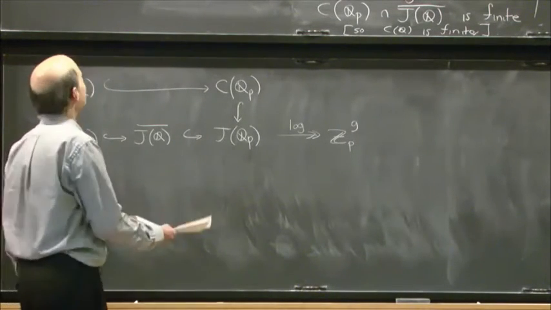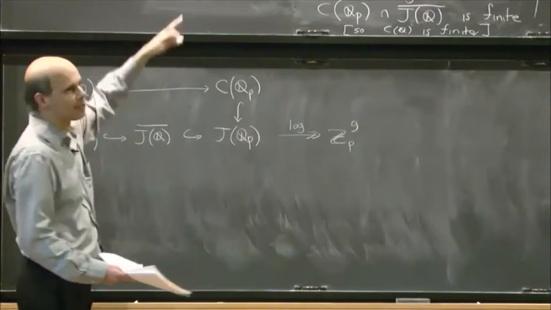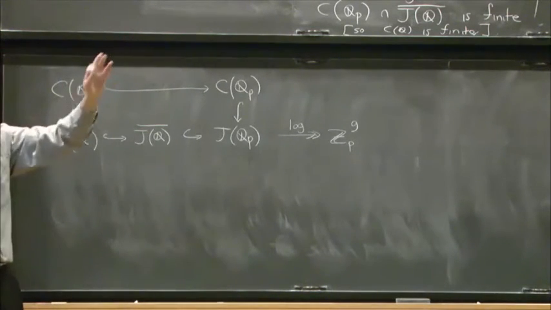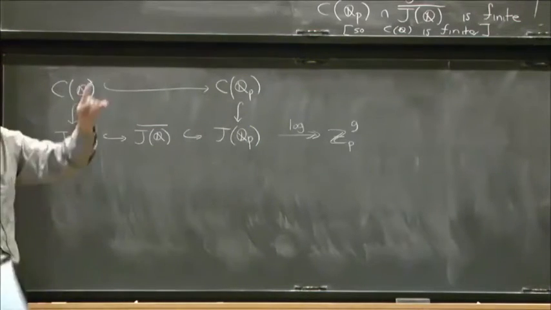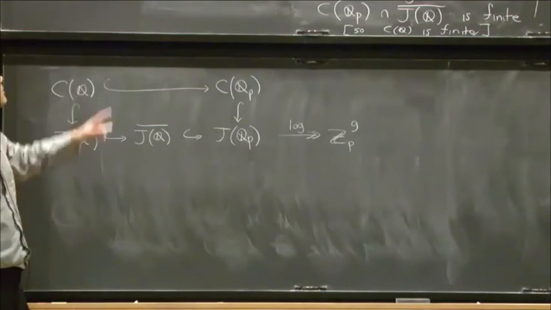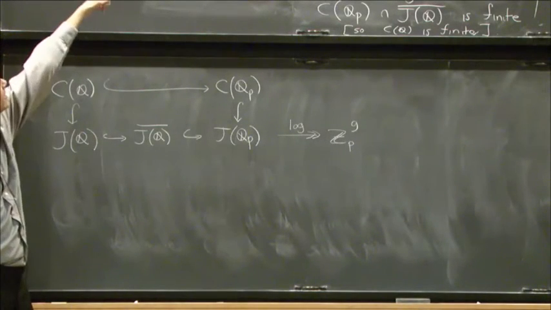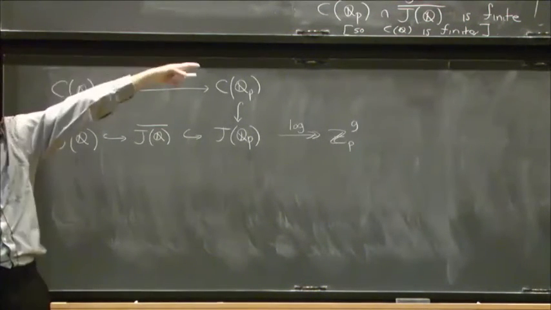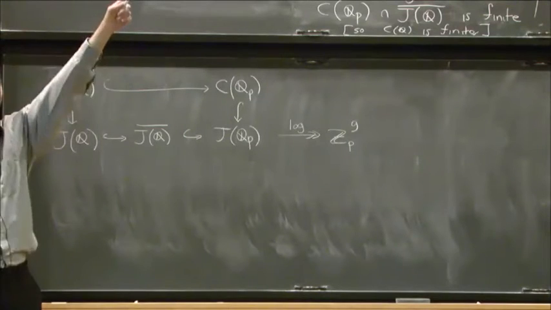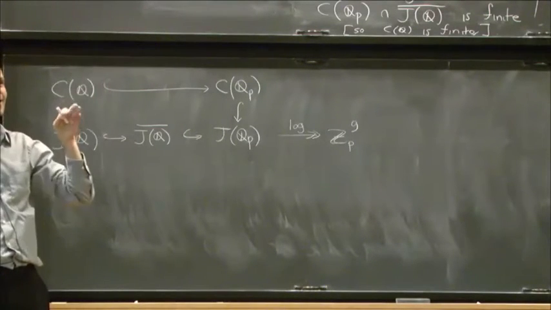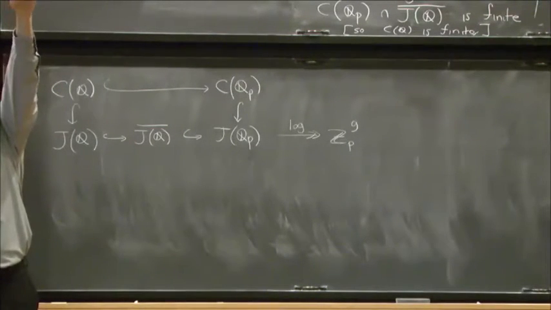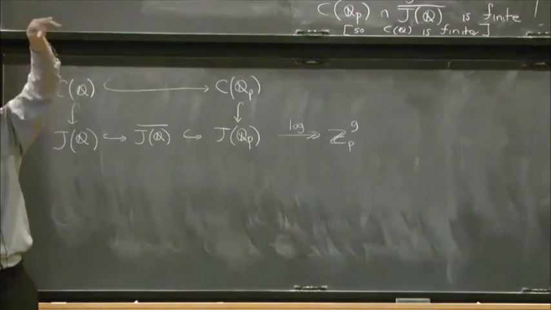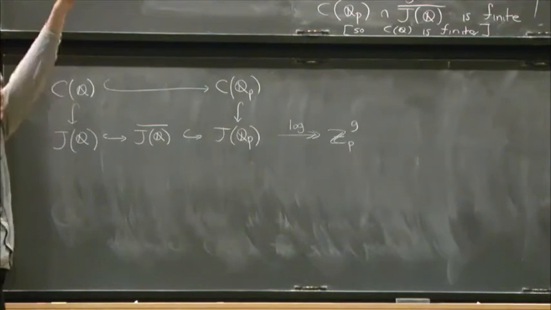One way to think about it is that if you're standing at the origin and you look out into space, you see this curve, C of Q_p, going along somewhere, and you just want to make sure that your Mordell-Weil group is pointing into some direction of space where the curve is not. You don't need infinite precision to say that it's not on that curve.